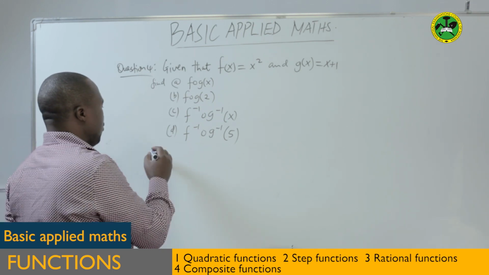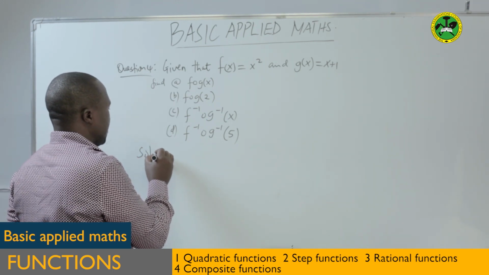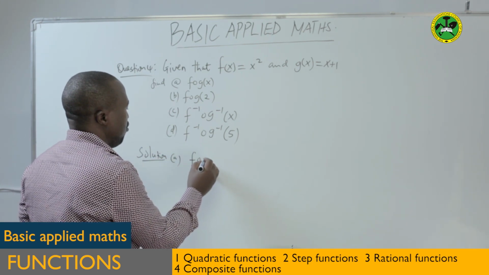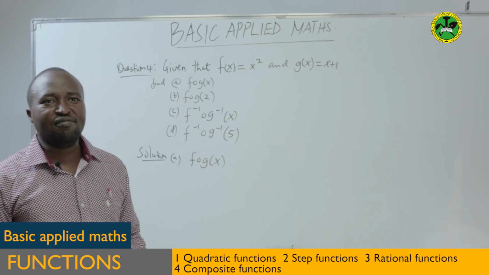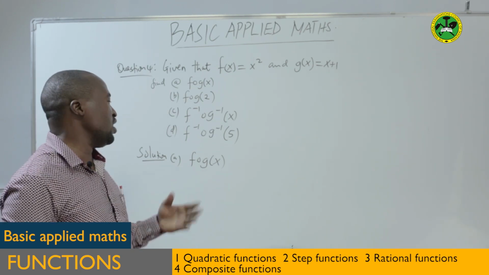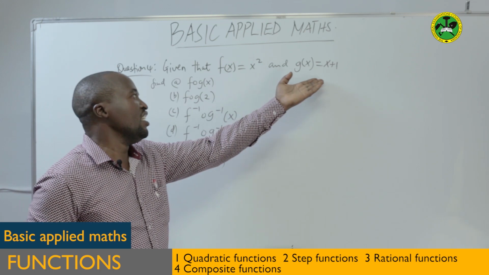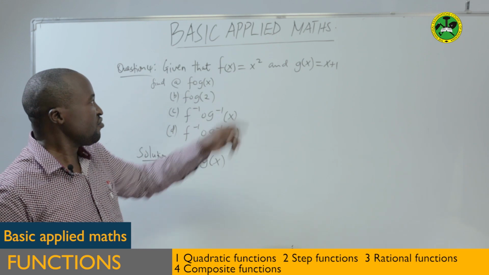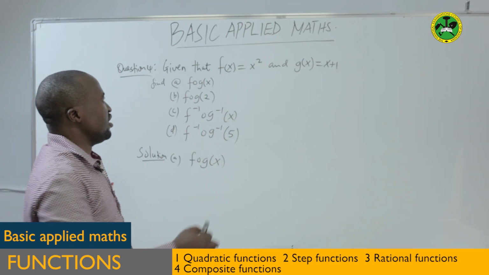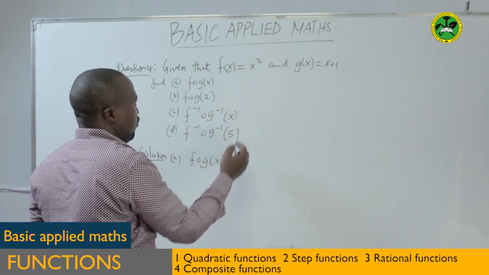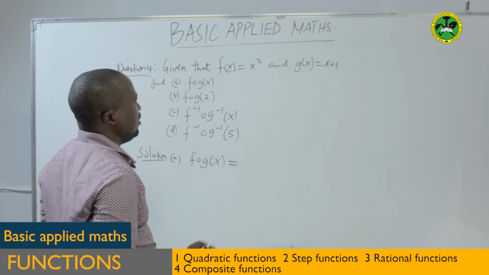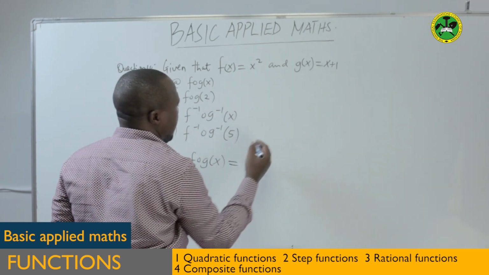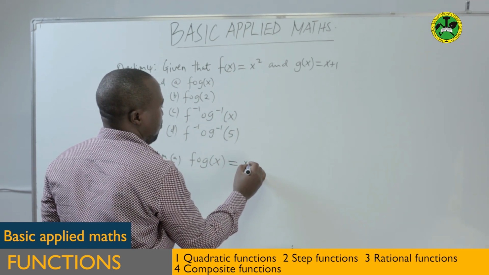So my dear student, let us start with the A. A says f of g of x. Now what does this mean? That means we take function g of x, we substitute it in the variable x of f of x. So it is very simple. Starting with f of x, instead of writing x, we substitute x plus 1.